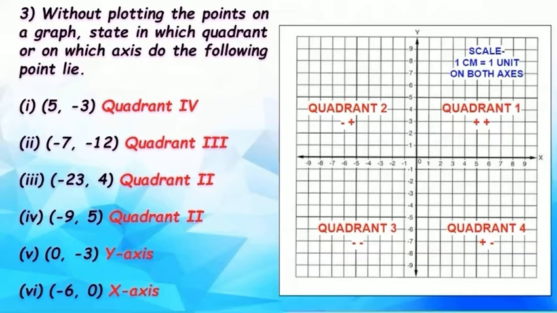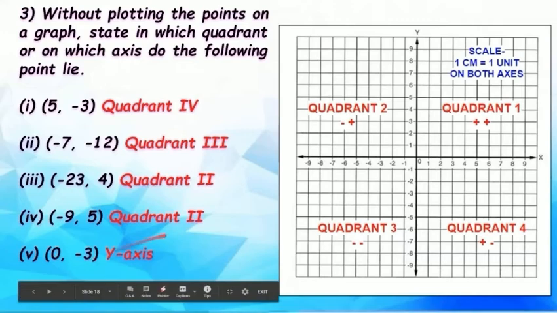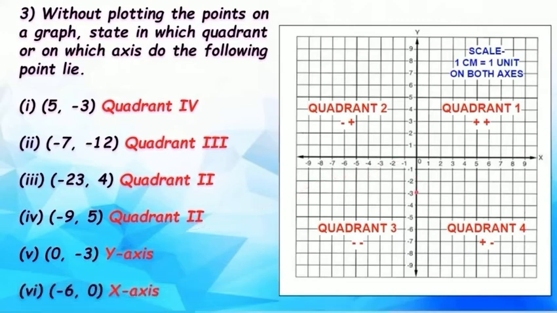So we know if the y coordinate of any point is 0, then that point is bound to lie on the x-axis. So (0, -3) lies here, that is on the y-axis, and (-6, 0) lies here, which is on the x-axis.